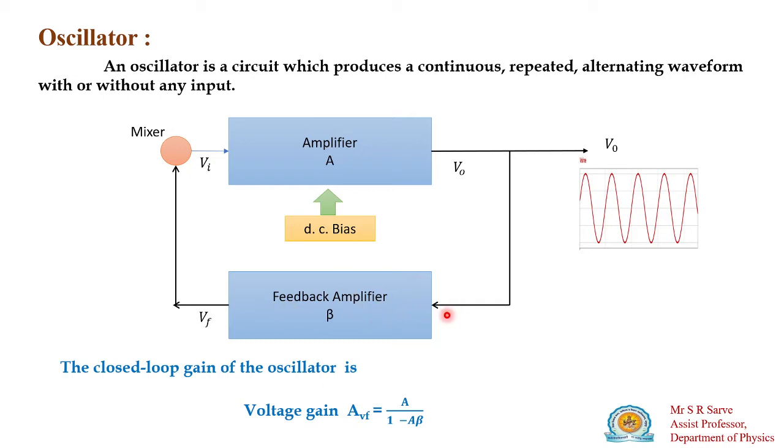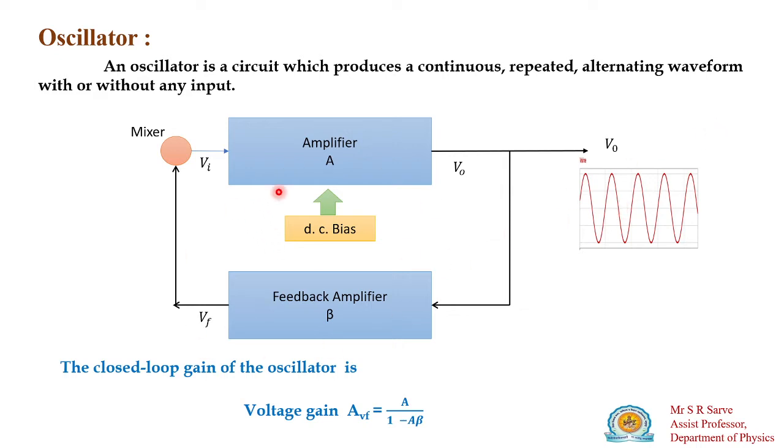This output will be the input for the feedback amplifier, and it generates the output VF. This output of the feedback amplifier is provided as input to the amplifier. In this way the process goes on continuously, and it generates the oscillating waveforms.